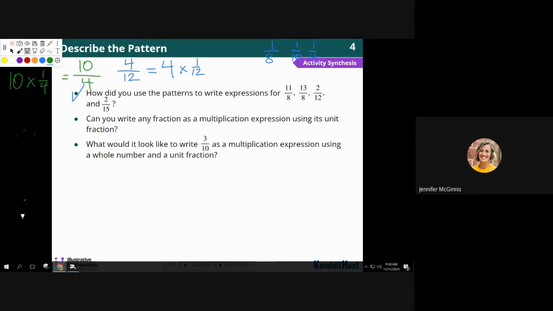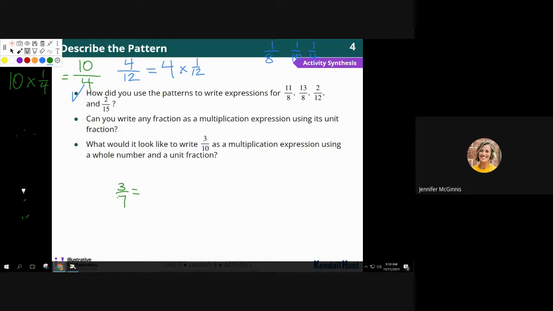What about this one? I don't know. What's the expression going to be? Sorry. What's the expression going to be for 3/7? Let me ask you this question.